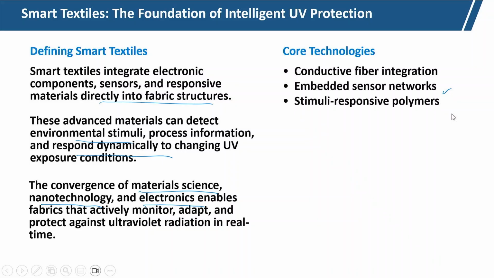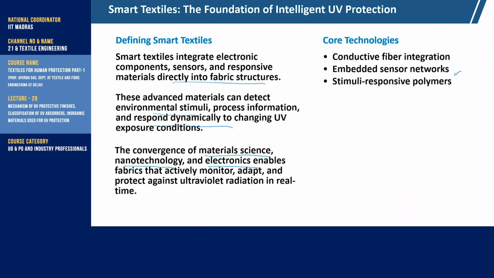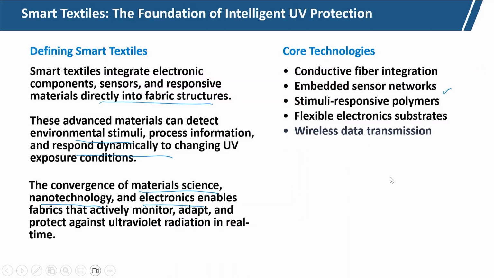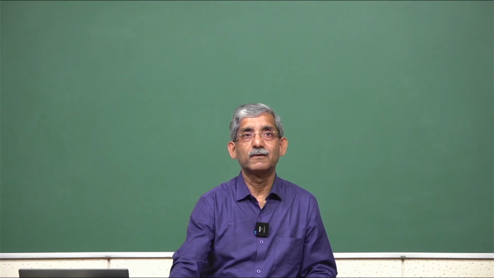Stimuli responsive polymers, like heat stimuli or maybe some chemical stimuli, moisture stimuli sensors, responsive polymers can be used, which material scientists can help. Flexible electronic substrate, wireless data transmission. So, these are the different core technologies as mentioned here.